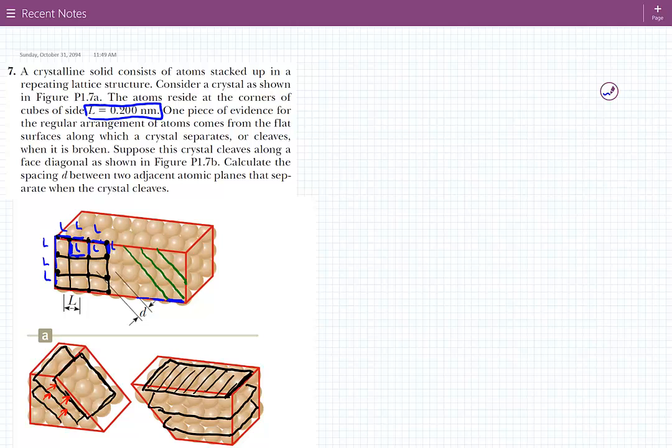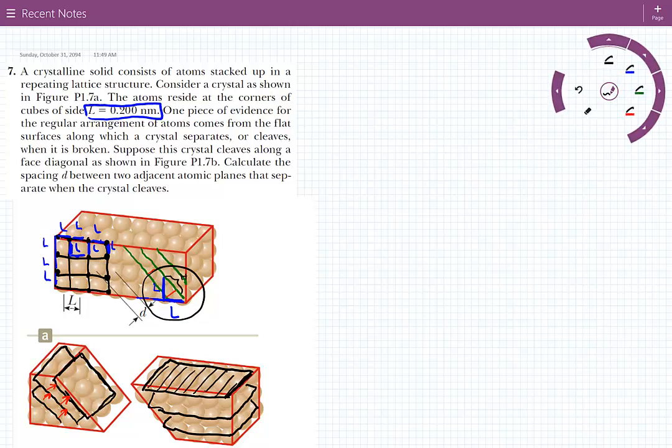And we know the distance between this atom and this atom is also 0.200 nanometers. So this is L, this is L. And we need to find this distance between the planes. So what we should start out with is taking this triangle here and figuring out the hypotenuse first.